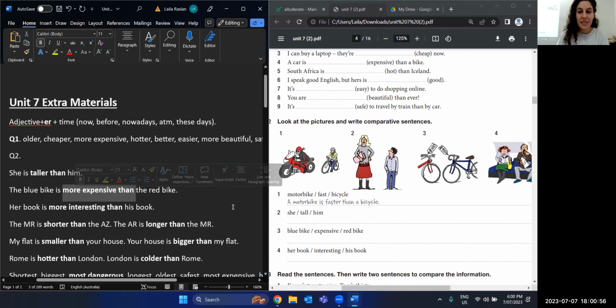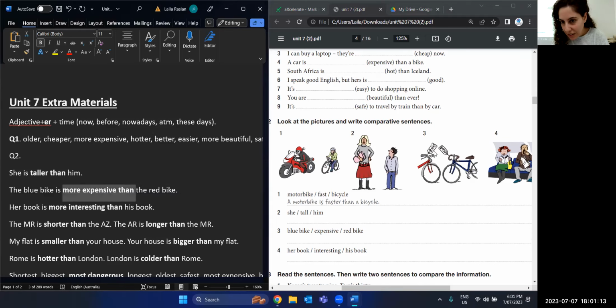Yeah, more expensive than the red bike. So the blue bike, because it's $450, is more expensive than, I'm comparing, the red bike. The red bike is 300.